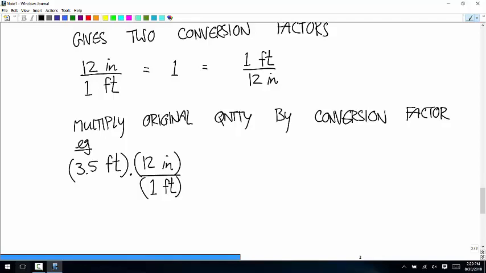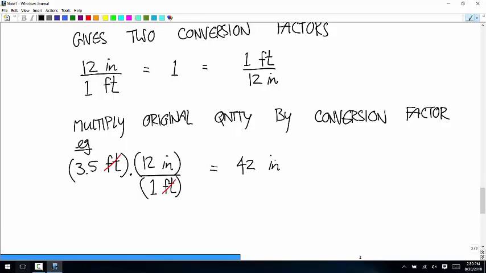They obey all the same arithmetic rules. So the feet here cancel the feet here. The only units you have left are inches. And the number that's left is what you get from multiplying 3.5 times 12 divided by 1. And so you get 42 inches, and that's the answer.